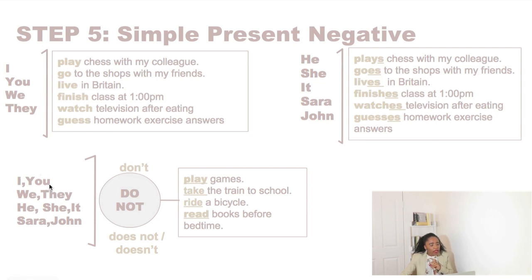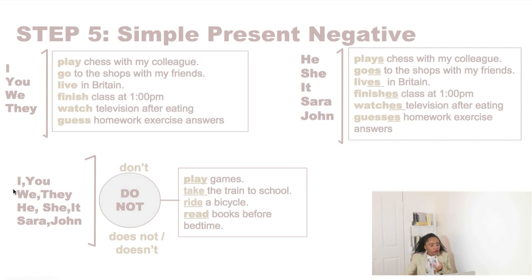So on the far left we have the grammatical persons, and then we have the negative aspect in the middle or here in the center, and then we have the remainder of the sentence examples.